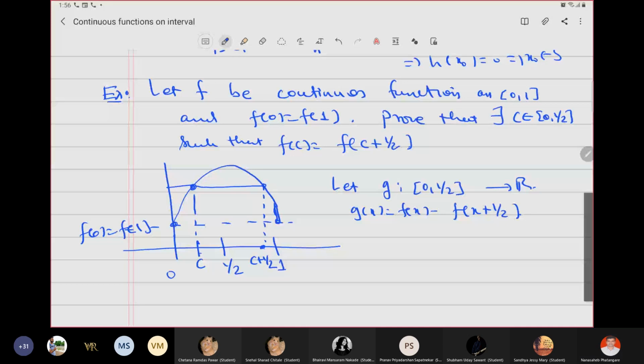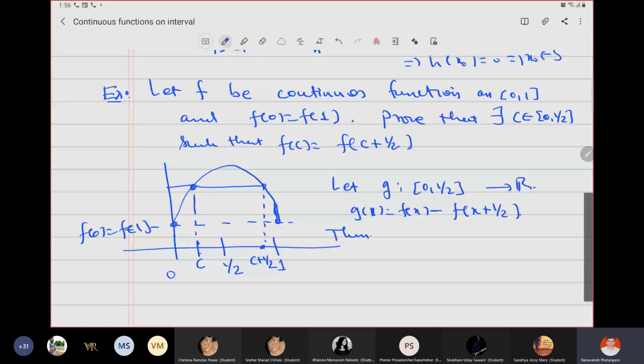Then what happens with g? g is continuous on 0 to half. Is it true? Yes, g is continuous.